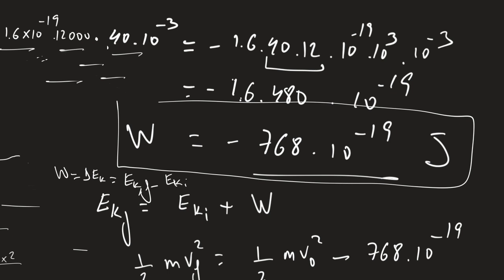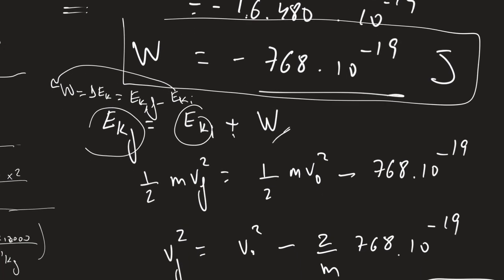If you solve for the kinetic energy final, it will be the kinetic energy initial plus the work, but in this case the work is negative. So the kinetic energy final will be lower than the kinetic energy initial because the work is negative. So we plug into my equation: 1/2 m v squared equals 1/2 m v0 squared plus the work, but the work is negative.